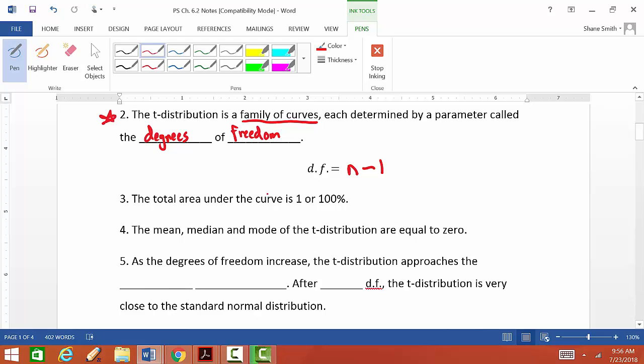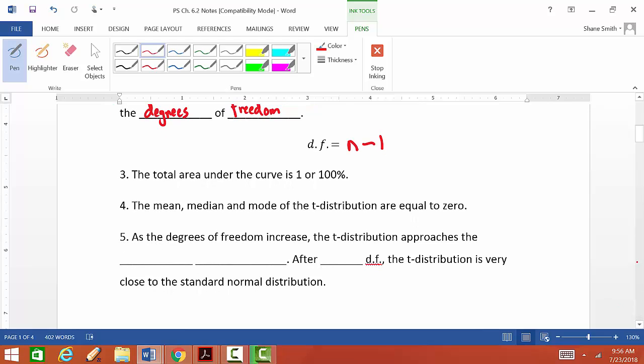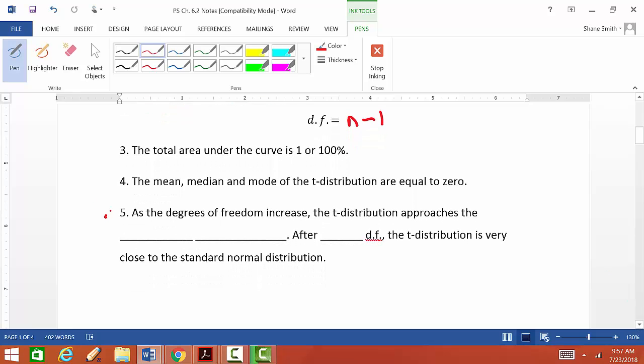The total area under the curve is 1, or 100%, because it is a probability distribution. The mean, median, and mode of a t-distribution are equal to 0. And another interesting part is that as degrees of freedom increase, the t-distribution approaches a normal distribution. This always happens.